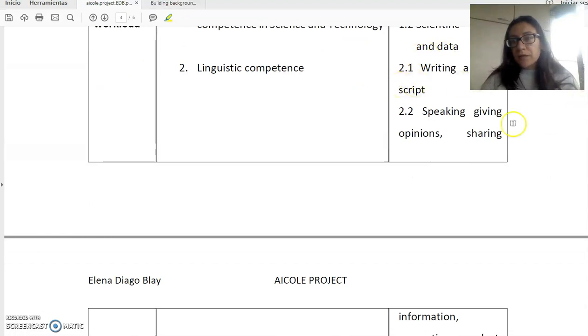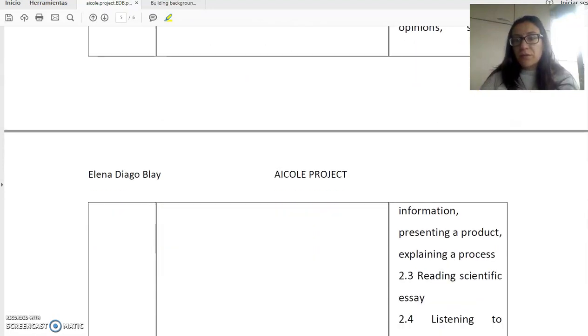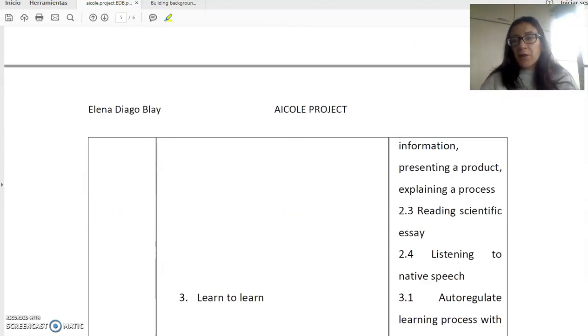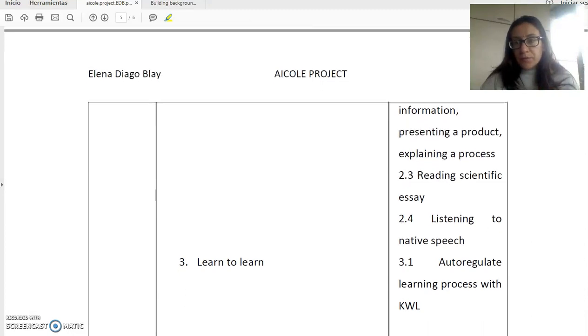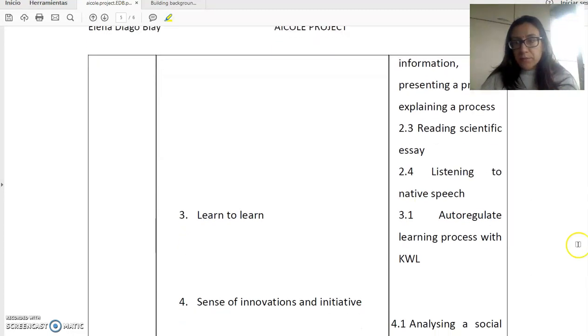They will have to write a video script, speak, giving opinions, sharing the information that they know or have watched on TV, present the product, and explain the process of a technique related to genetic engineering. They will have to read scientific essays and listen to native speech.